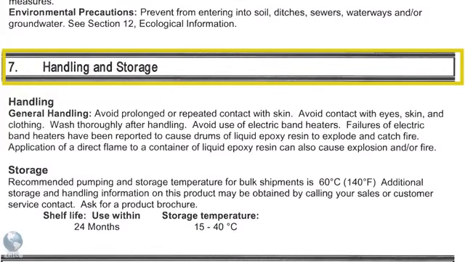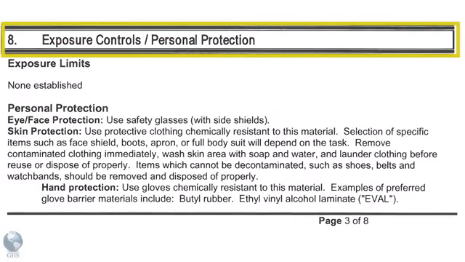Section 7, Handling and Storage, lists precautions for safe handling and storage, including incompatibilities. Section 8, Exposure Controls and Personal Protection, lists OSHA's permissible exposure limits, or PELs, threshold limit values, or TLVs, appropriate engineering controls, and proper personal protective equipment.